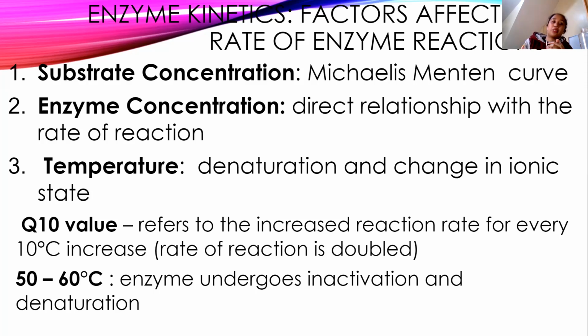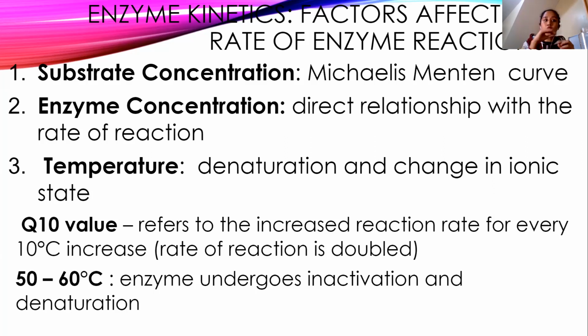So first is temperature. We have this term Q10 value, which refers to the increased rate for every 10 degrees Celsius. So, Q10 value means the rate of reaction is doubled every time you raise the temperature by 10 degrees Celsius. But if you exceed 50 to 60 degrees Celsius, your enzyme will be inactivated and denatured.